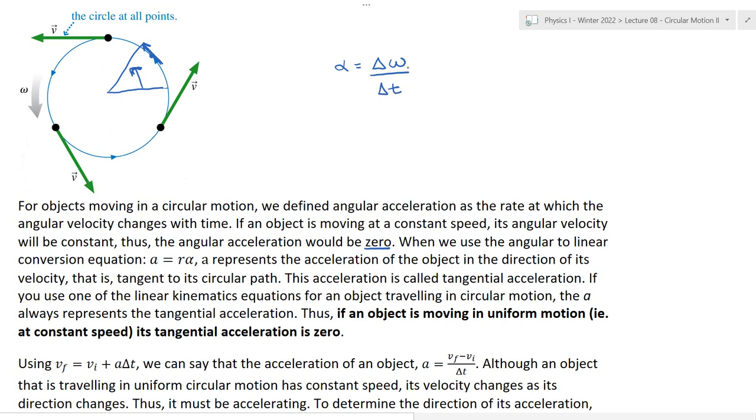If the change in omega is 0, that implies the angular velocity is constant, so the whole thing becomes 0 over the time, which is just 0. So angular acceleration is 0 when you're in uniform circular motion, and uniform circular motion just means you've got constant speed.